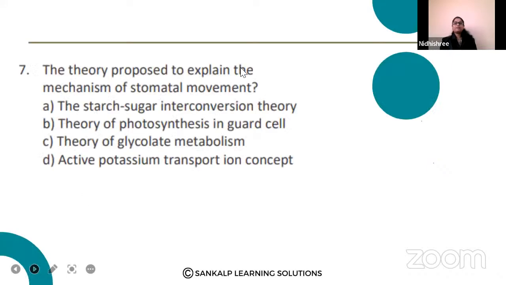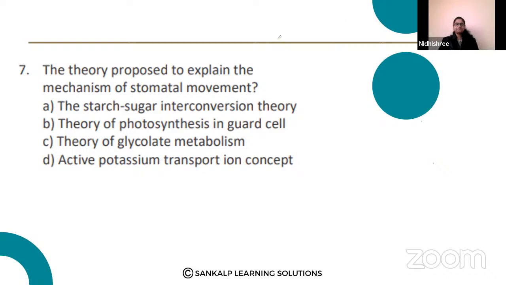Next, the theory proposed to explain, I repeat, the theory proposed to explain the mechanism of stomatal movement. Which theory explains the mechanism of stomatal movement? Starch sugar interconversion, theory of photosynthesis in guard cell, theory of glycolate metabolism, active potassium transport ion concept. Yes, guys.